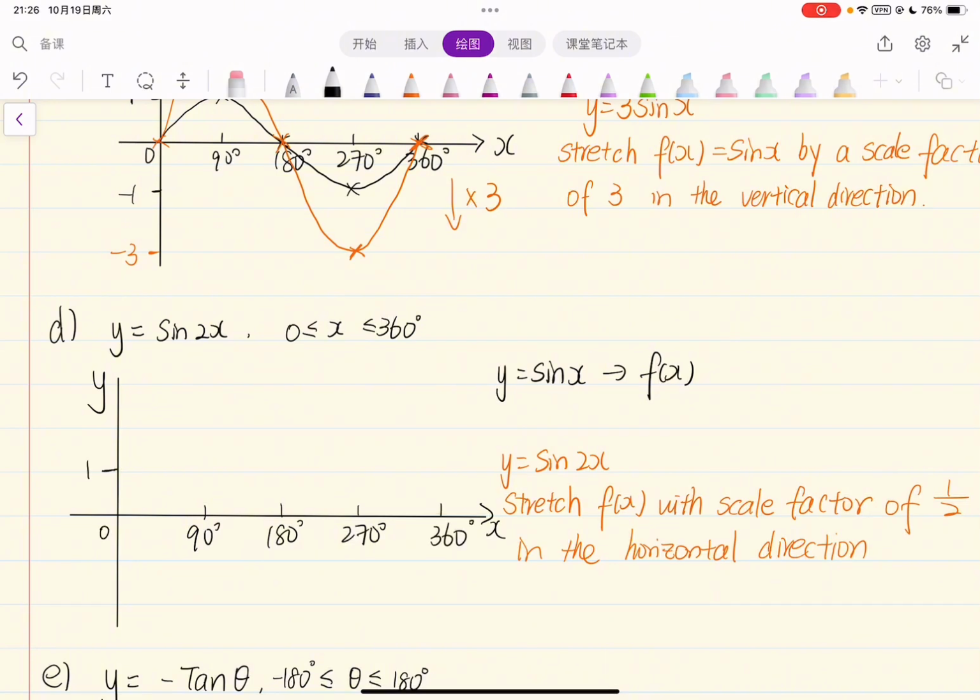So between 1 and negative 1, we have the points for the sine x. So here is the graph of sine x.